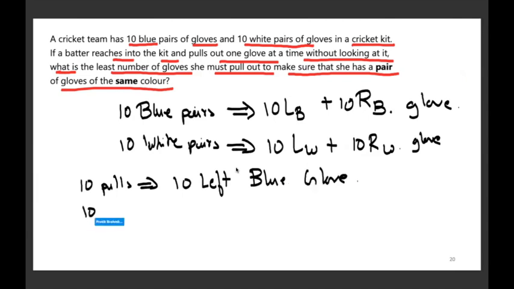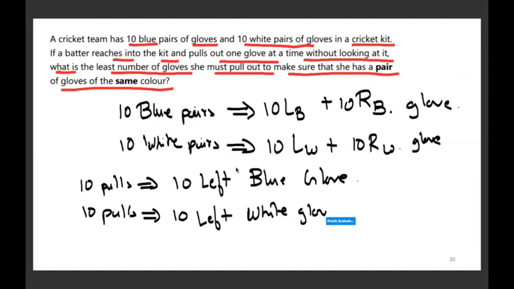After this, in the next 10 pulls, she takes out all 10 left white colored gloves. So in these 20 pulls, I have pulled out all the left blue and white gloves. All that is left behind will be the right gloves of blue and white colors.